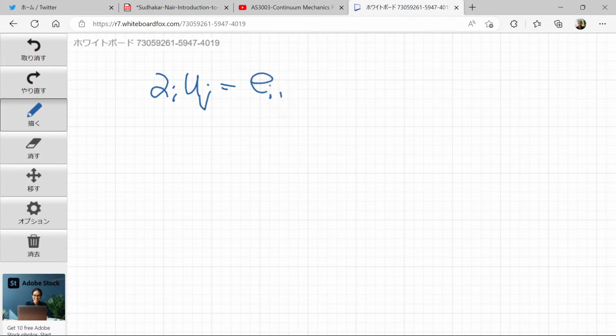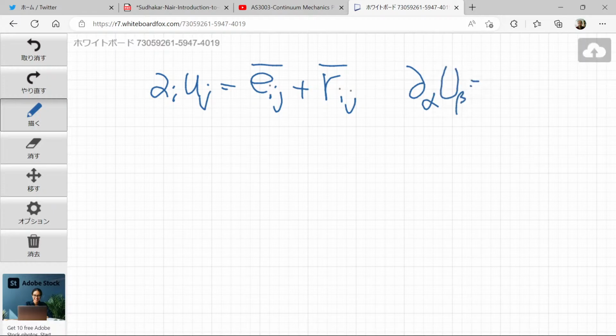E_ij plus R_ij. So partial alpha big U beta is large E alpha beta plus R alpha beta, something like this.